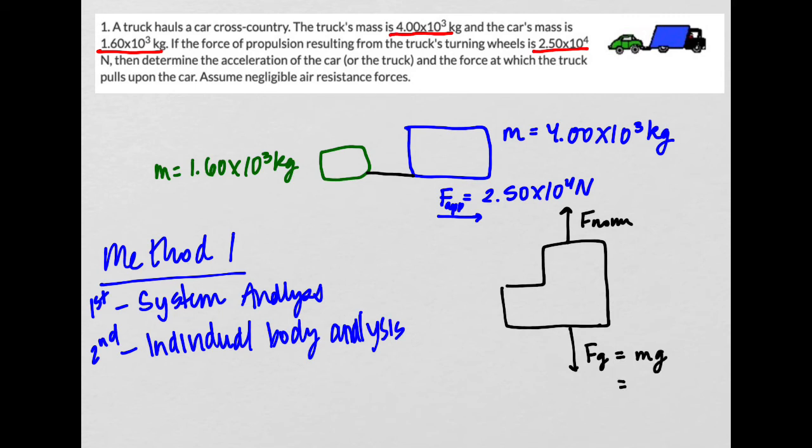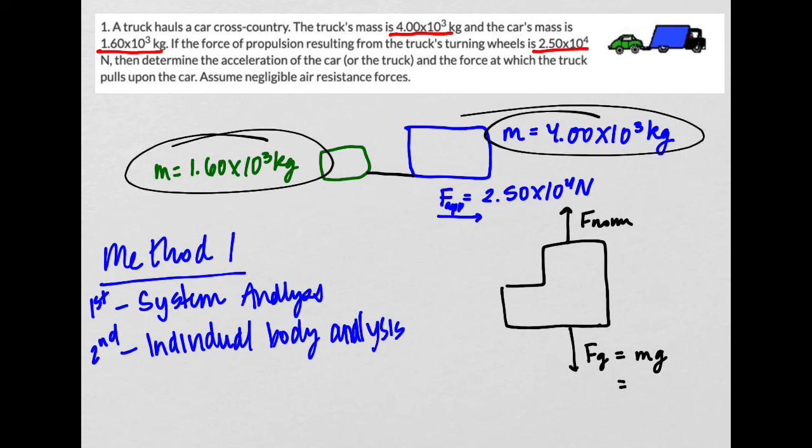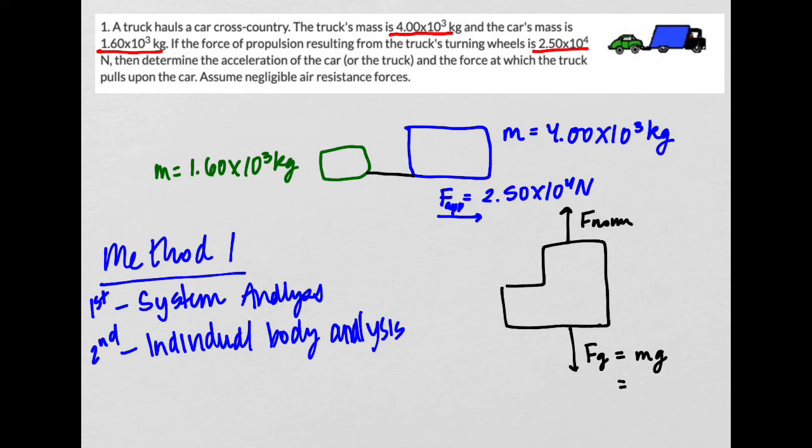Remember, because this is one individual system now, we have to take the mass of the car and the mass of the truck to determine that. So it would be 1.6 times 10 to the 3 plus 4.0 times 10 to the 3, and then we'd multiply that by our force of gravity. And of course that's going to be equal to the normal force, because these are balanced forces. They're vertical balanced forces. The truck and the car aren't moving up and down.